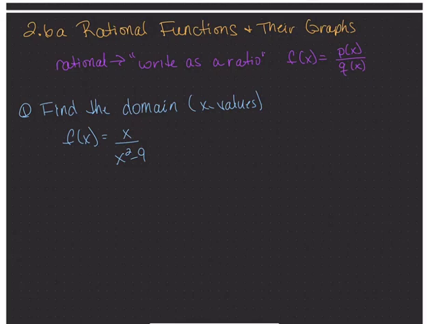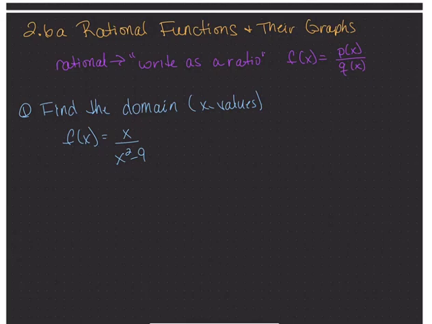So I know that I have to look at my denominator, because my denominator can never equal 0. So I need to find the values that are going to make that denominator 0. You have two choices. You can either factor this and then set it equal to 0, or I'm just going to jump right ahead and set it equal to 0 and see if I can solve it for x.